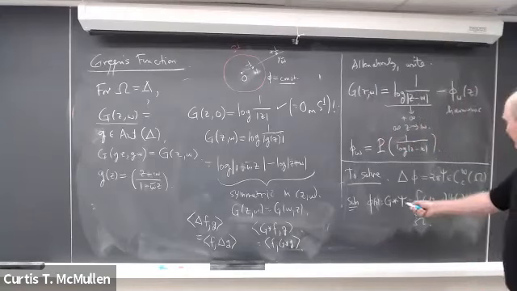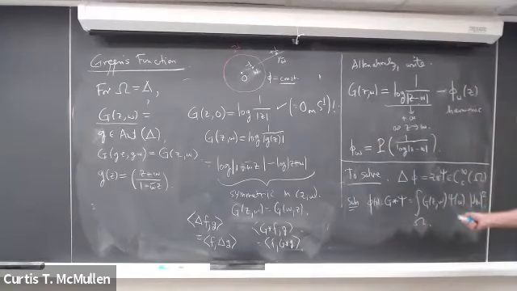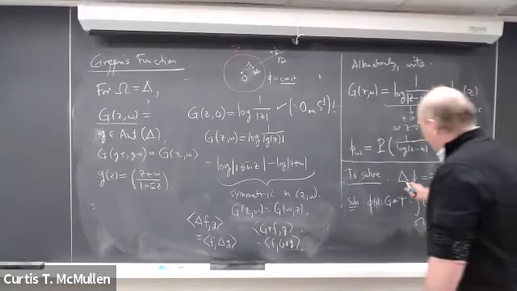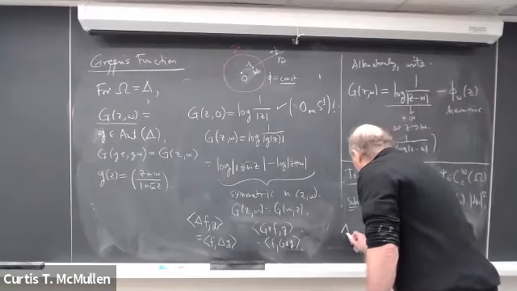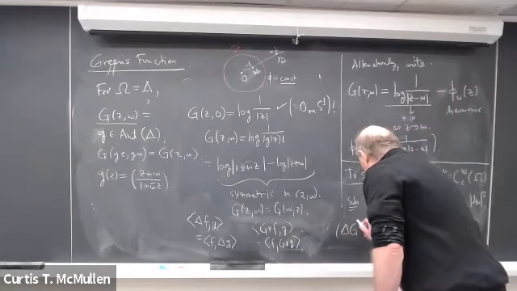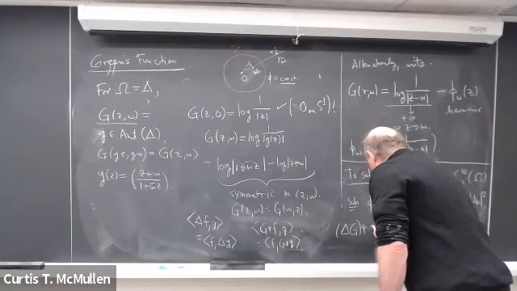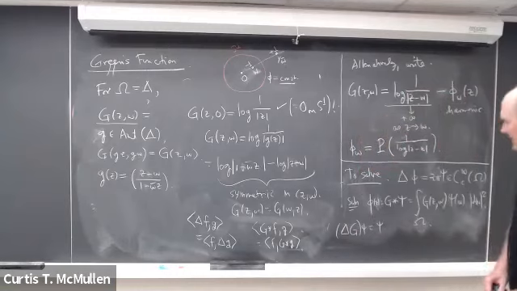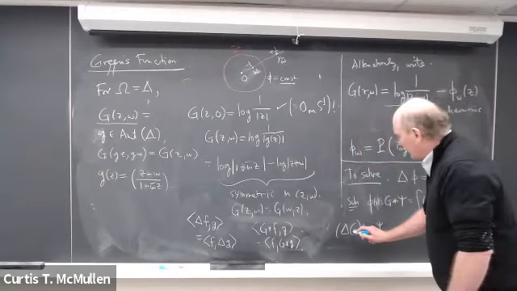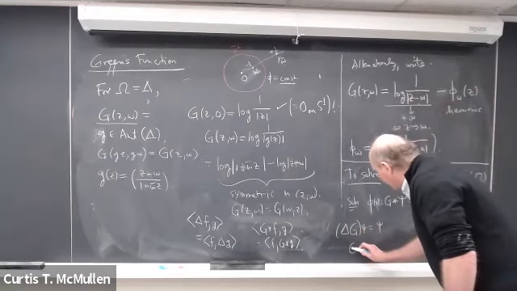But what is the operator G? Well, the whole point of G is that the Laplacian of G applied to C gives you back C. So morally, G is the inverse of the Laplacian.